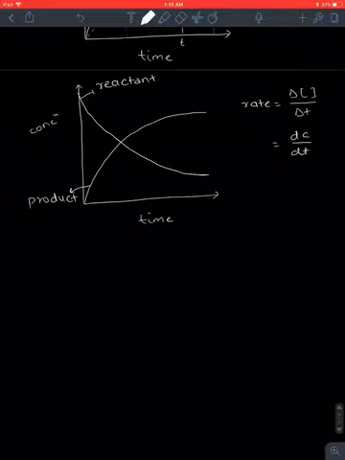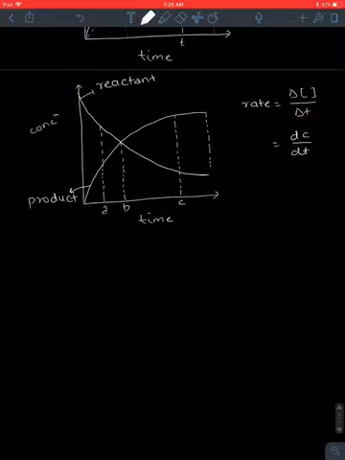Now let us suppose we're having 4 time intervals. This is A, this is B, let us suppose this is C, and let us suppose this is D. Now one very important question is at which time equilibrium is attained?